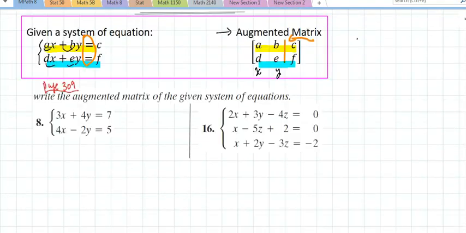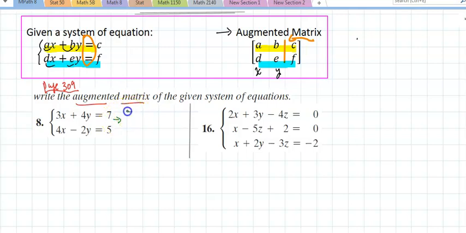On page 309, we start with the first set of problems. Simply take a system of equations and write it as an augmented matrix, or an augmented matrix as a system. Now, if you can't find this in your book, if you bought the traditional book, not our PCC book, I already uploaded all of these sections and all the answers in Canvas. You can find them under files.